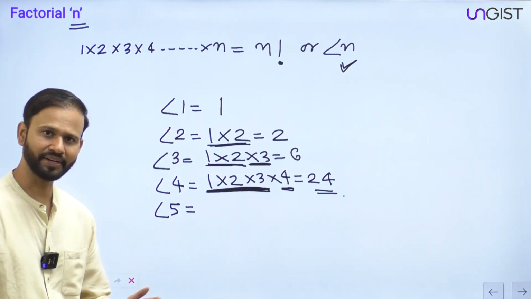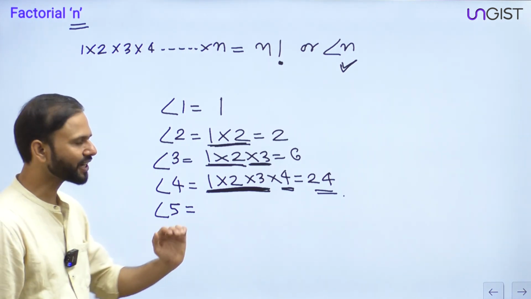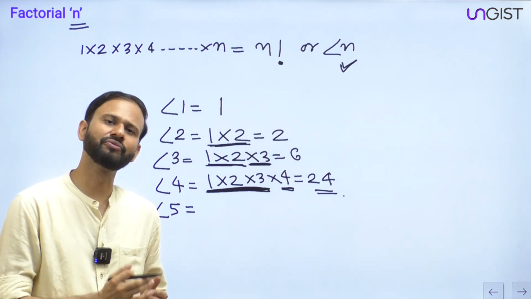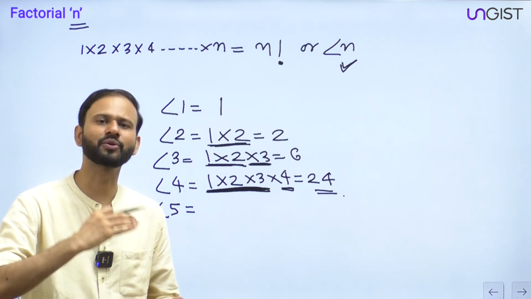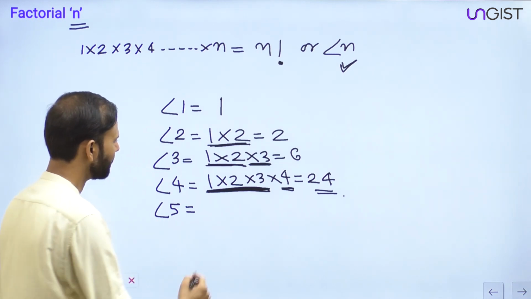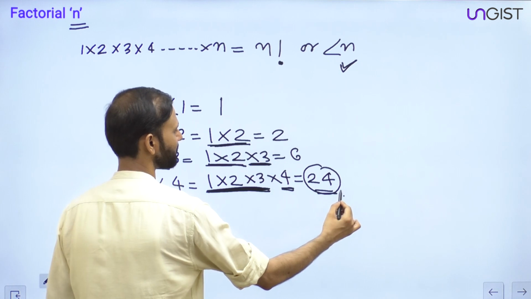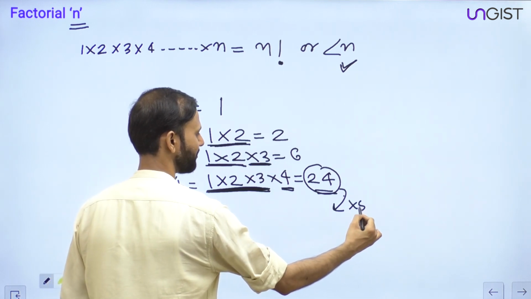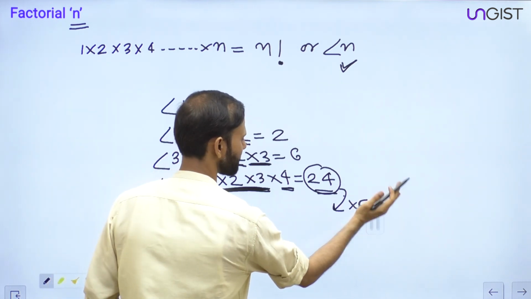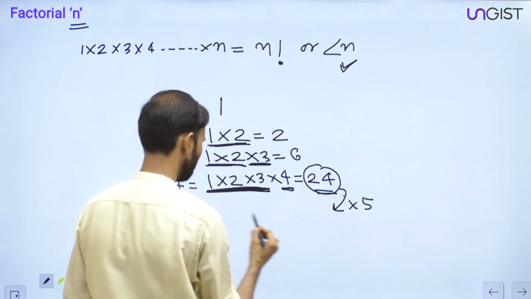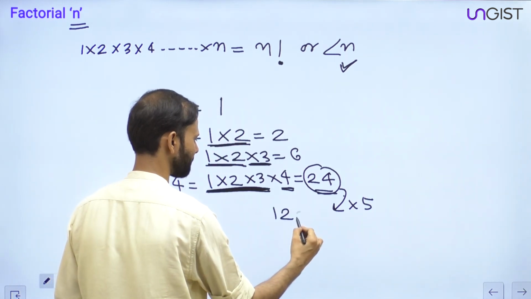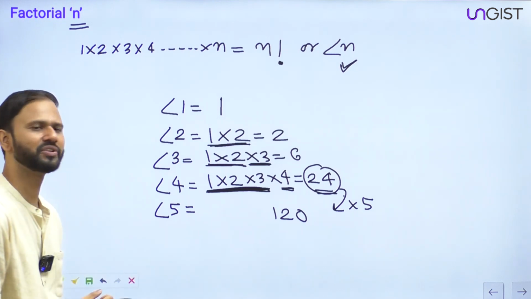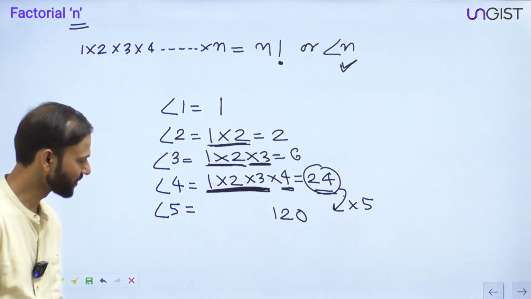Now if we need to find factorial 5, we have to multiply 5 with factorial 4, which is already here. So just multiply this number by 5 and you get factorial 5, which is 120.